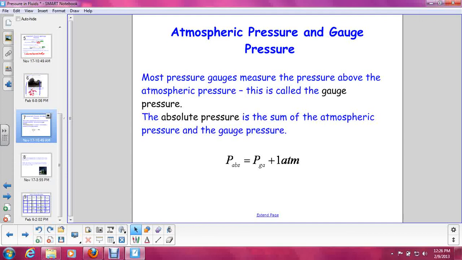But the absolute pressure is when you add the gauge pressure plus atmospheric pressure. So let's say my balloon had a pressure of 0.1 atmospheres. The gauge pressure would be 0.1, but the absolute pressure would be 0.1 plus 1 atmosphere of atmospheric pressure. So it would be 1.1.